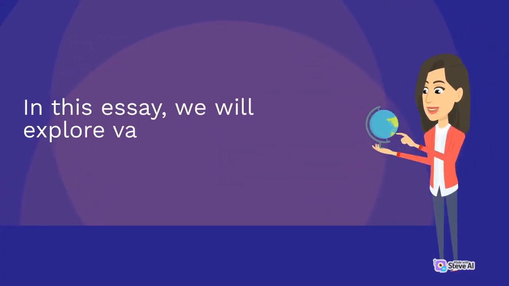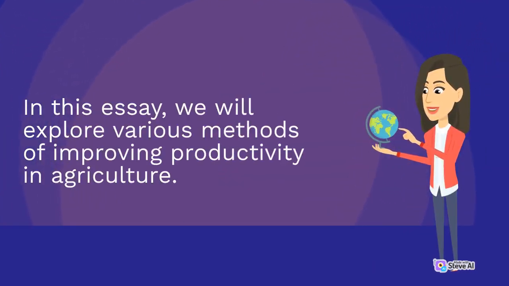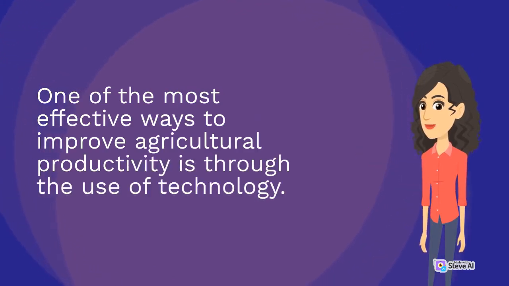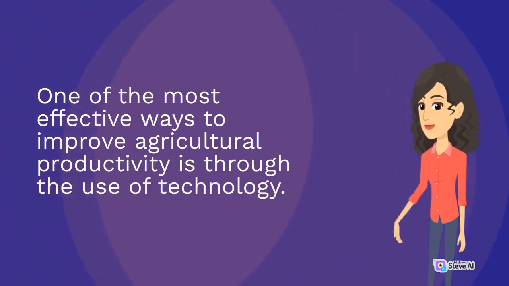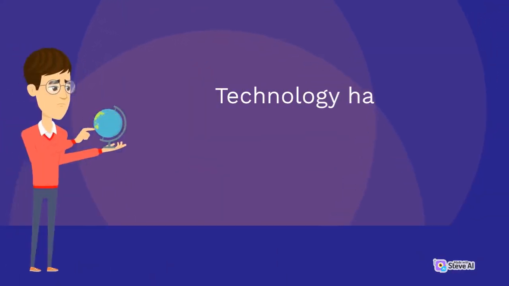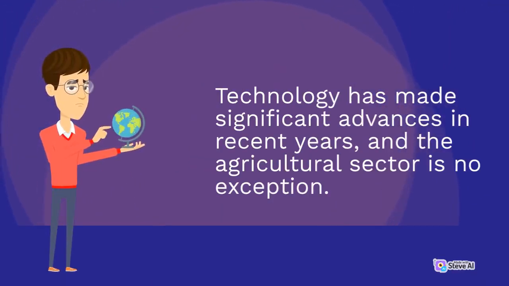In this essay, we will explore various methods of improving productivity in agriculture. One of the most effective ways to improve agricultural productivity is through the use of technology. Technology has made significant advances in recent years, and the agricultural sector is no exception.